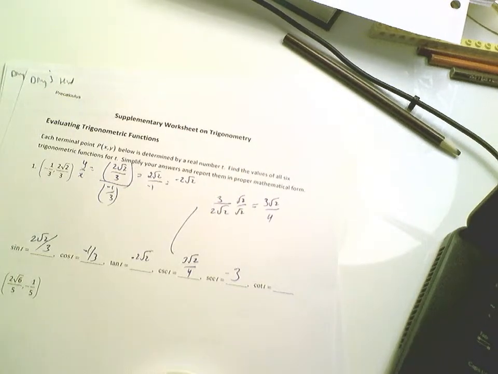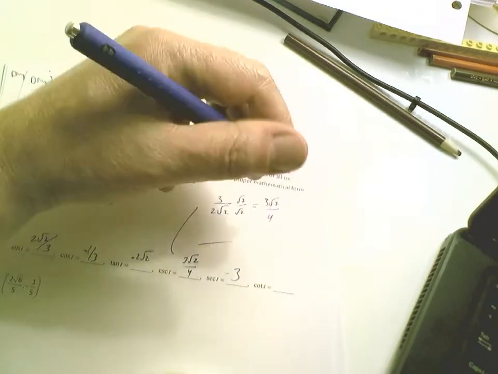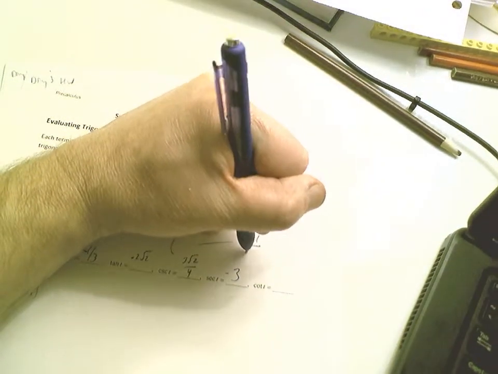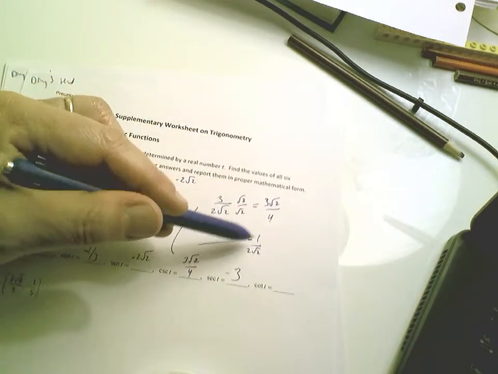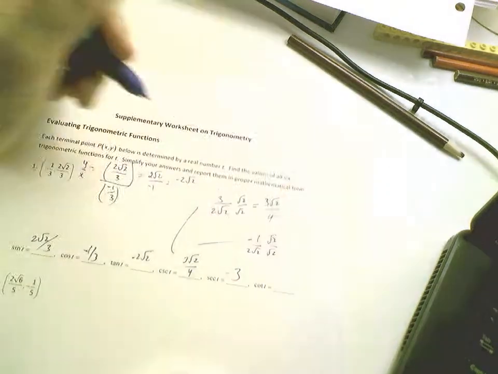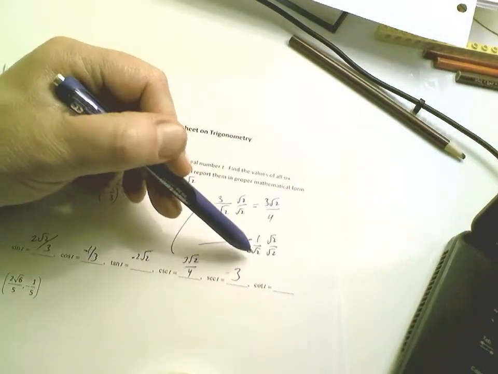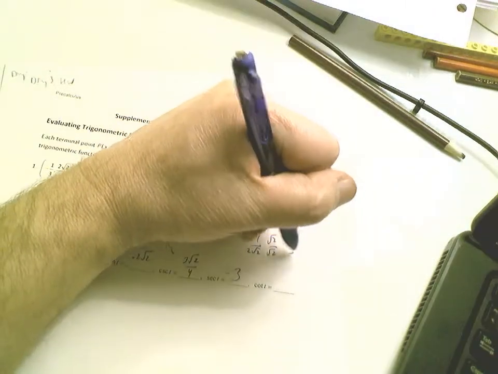So we get 3√2/4. And if we flip the tangent, we're going to have -1/(2√2). I just carried the negative sign up here to make it a little bit easier. Same thing, multiply top and bottom by √2. Downstairs, √2 times √2 is a 2. There's another 2 here. 2 times 2 is 4.